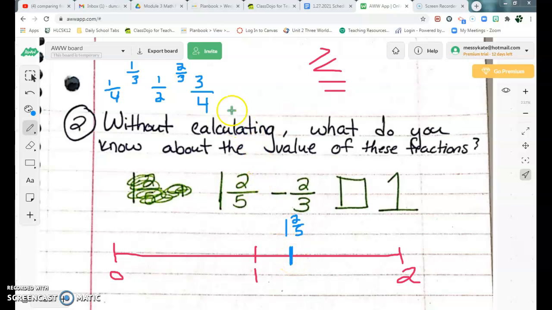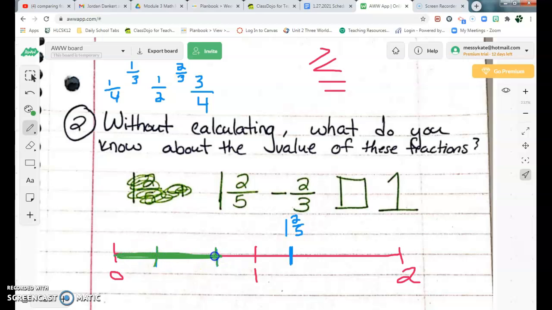Now I'm going to subtract my 2/3. If I were to break this up on my number line, I have 1/3, 2/3, 3/3. Let me do that in a different color because I think the different colors help us visualize it. 1/3, 2/3, 3/3. I'm going to be subtracting 2/3. 2/3 is larger than 1/2. 2/3 is going to be this section right here.